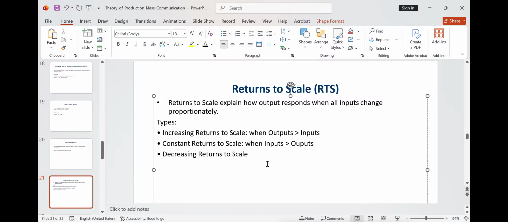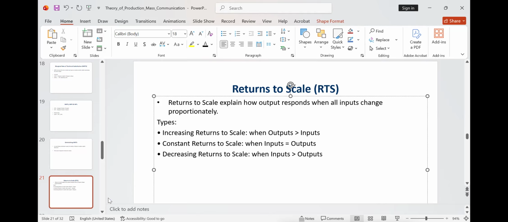You call that decreasing returns to scale. Then when inputs are equal to outputs, you call that constant returns to scale. So you can take note of these three.